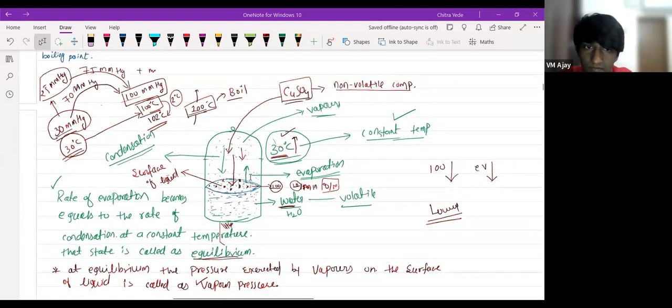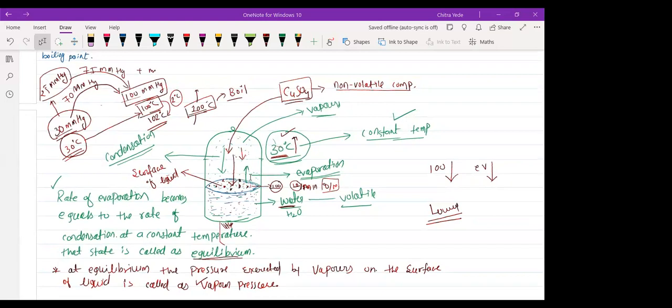Yes, sir. Okay. Initially we had water, so its boiling point is 100 degrees Celsius. Because of adding a non-volatile solute, vapor pressure decreases, which is called lowering of vapor pressure.